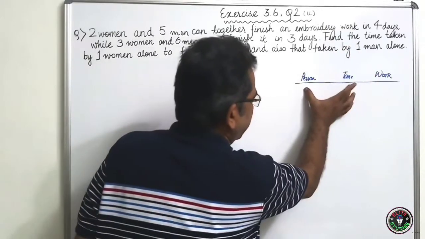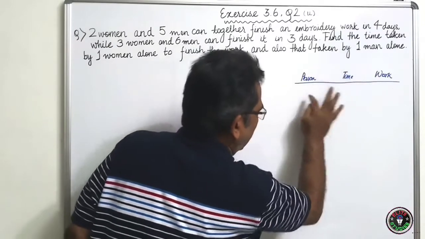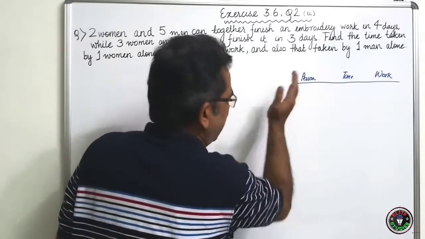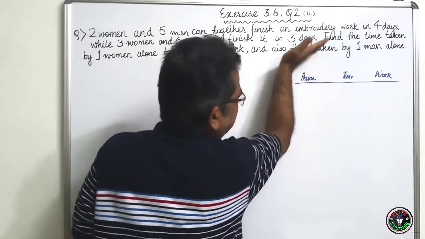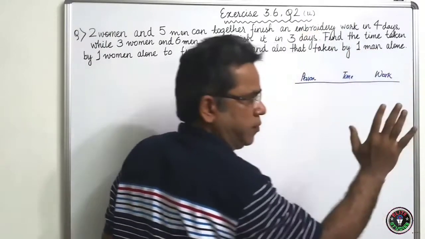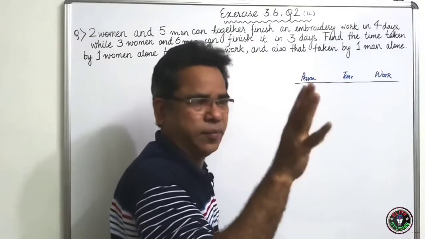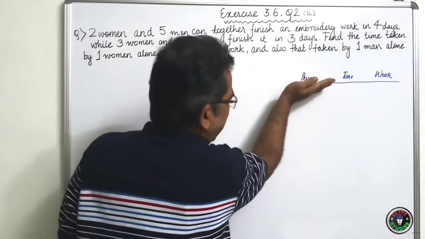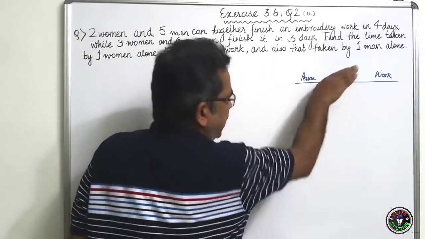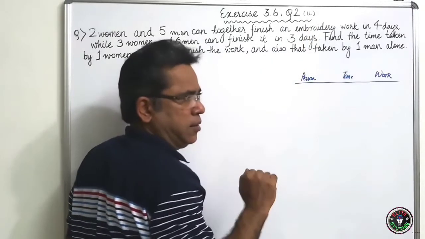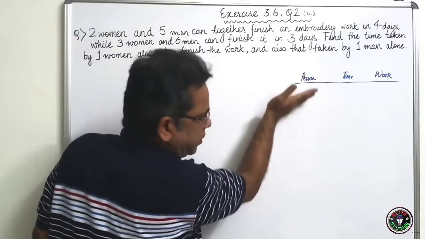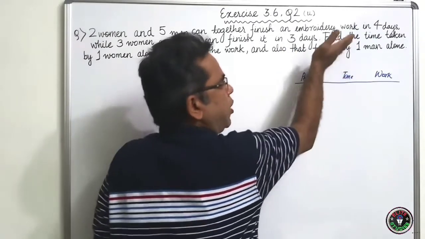But now you see, here lies all the concept. Suppose the work is fixed, a particular task is there. To complete that task, if the number of persons is increased, the time required will be less. And if the number of persons deputed is less, then the time required will be more.